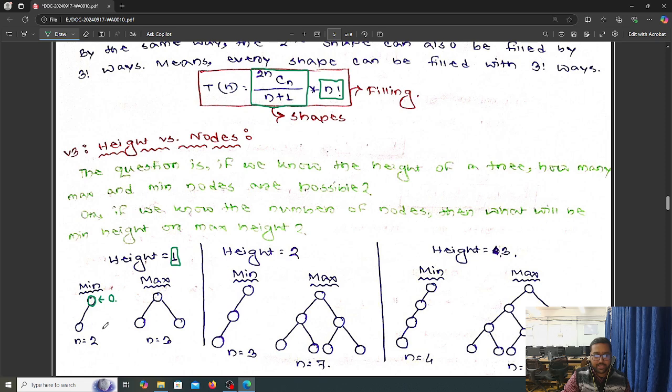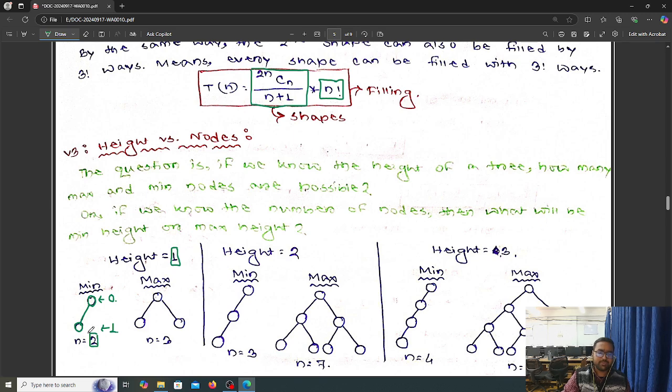Now as the height is 1, we must go to the next level. At that next level we must have at least one node. So a minimum of 2 nodes are possible if the height is equal to 1.